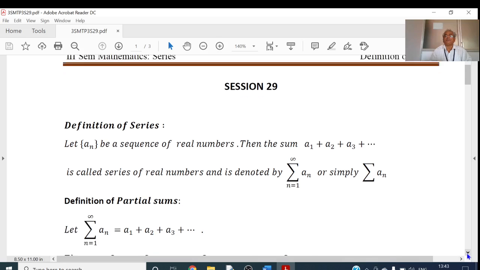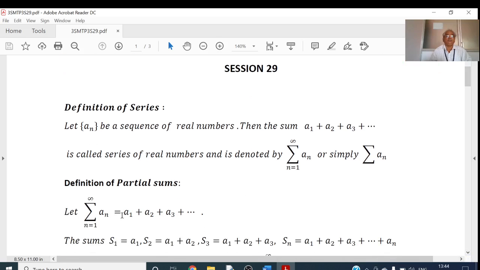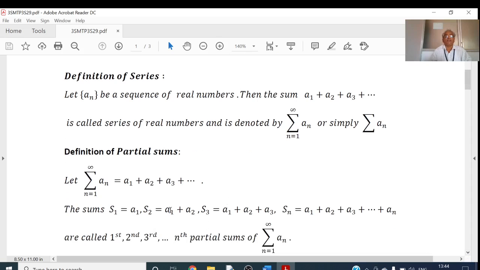The series is nothing but a1 plus a2 plus a3 plus a4 and so on. Now let me take S1 equal to a1, that is the first term, and S2 equal to the sum of the first two terms, a1 plus a2, and S3 equal to the sum of the first three terms, a1 plus a2 plus a3, and Sn equal to the sum of the first n terms, a1 plus a2 plus a3 up to an.